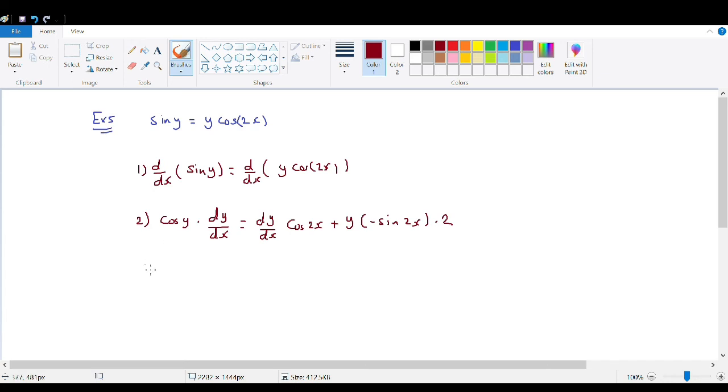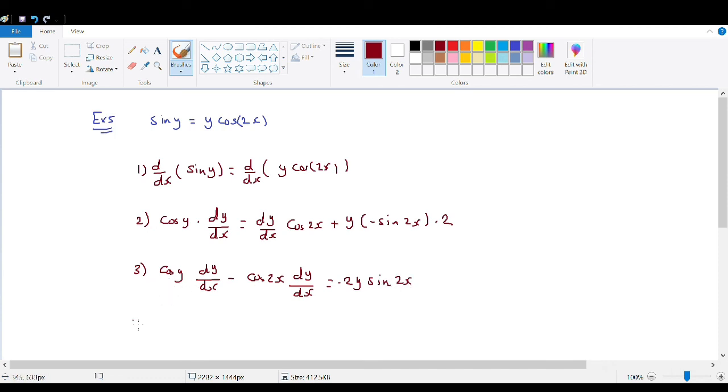So the second step, or the third step, we need to write the terms that contain dy over dx on one side. So I'll move this one to this side. Here we have cos y dy over dx minus cos 2x dy over dx will be equal to 2 multiplied by y, so it will be 2, and here we have negative, so minus 2y sin 2x.